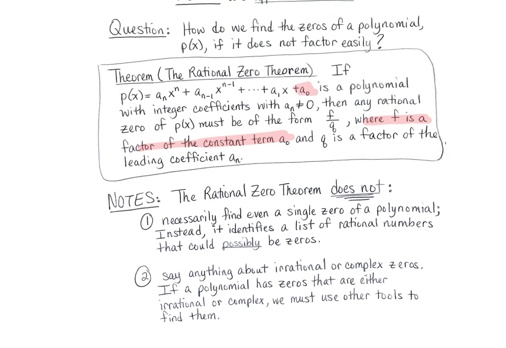So you find the factors of your constant, that gives you the possibilities for p. And then the q is a factor of the leading coefficient a sub n.